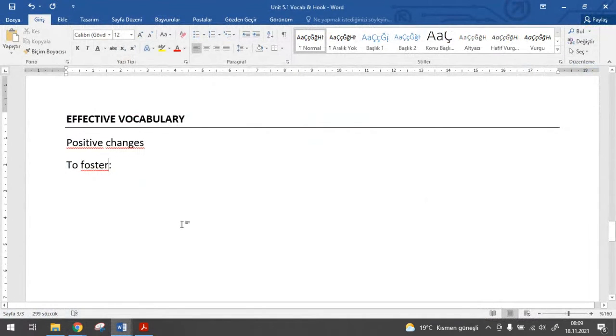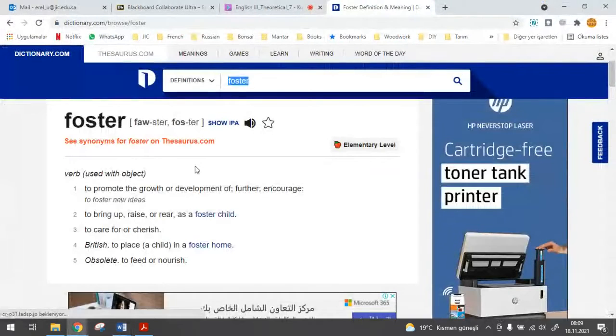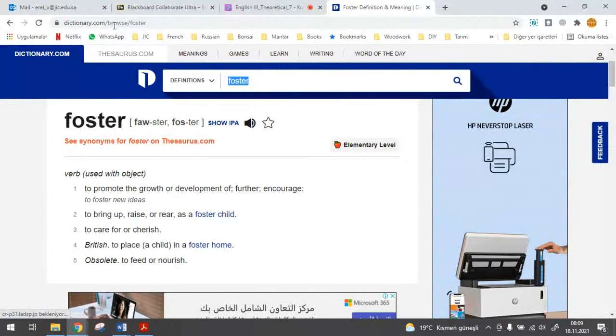So after foster, there is an object. Foster is something. Okay. So this dictionary is pretty good, actually. So this is a verb. You can also listen to the pronunciation.